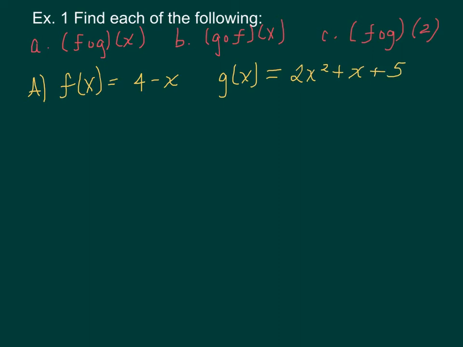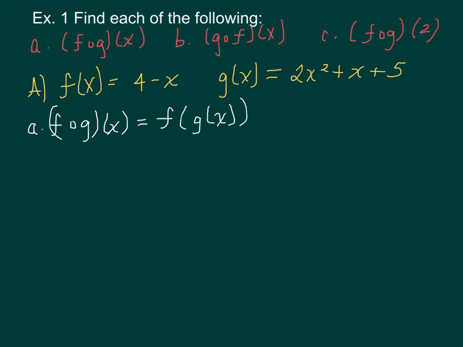Okay, so first we're going to do little a, which is f compose g of x. So that means that you're going to take the g function, because I'm going to rewrite it.